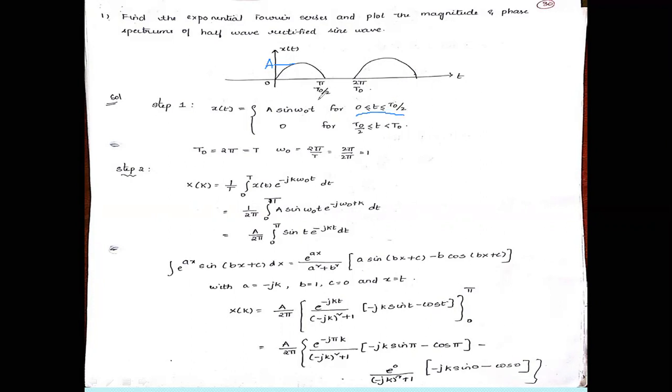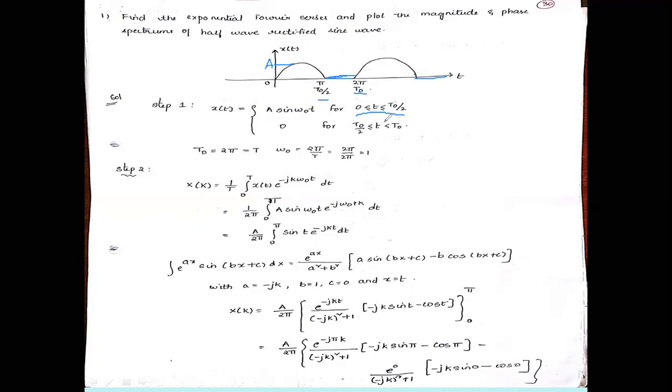Here A is the magnitude, my dear students. And from T0 by 2 to T0 it is 0, because it is a half wave rectifier. Again the same is repeated: positive cycle, and there is no negative cycle, it is 0. So the full cycle is 0 to 2 pi.